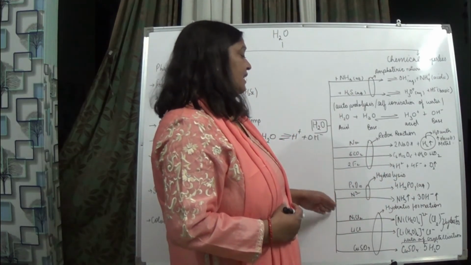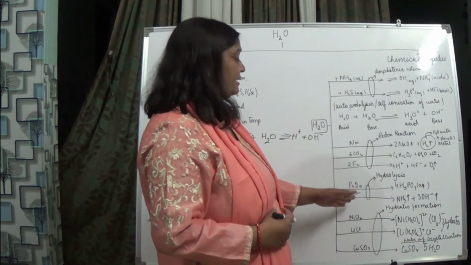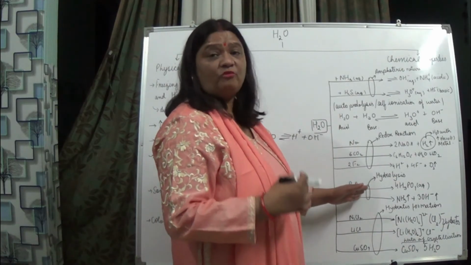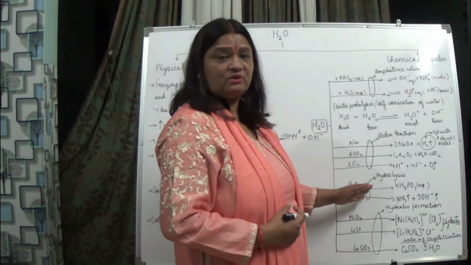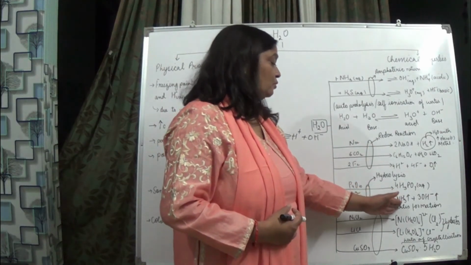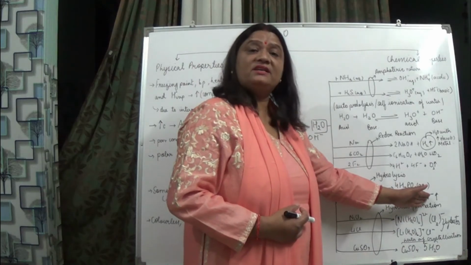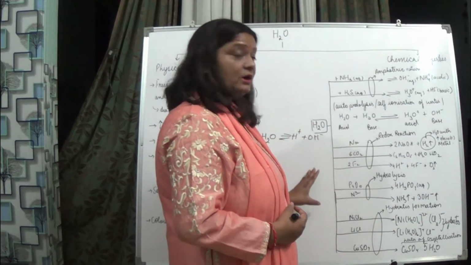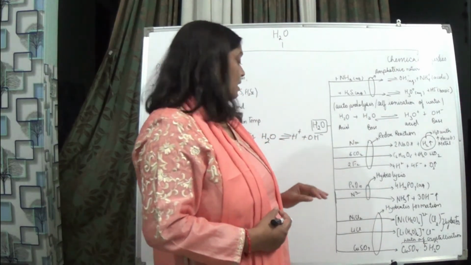Likewise, it reacts with N3- ions. The water first breaks up into H+ and OH- ions. The H combines with N to form NH3, and OH- is left behind. So it goes on as a hydrolysis reaction.